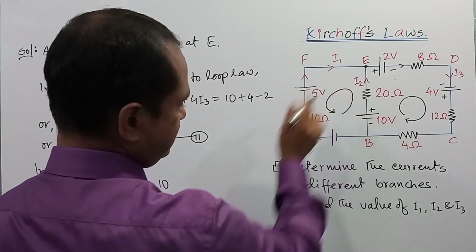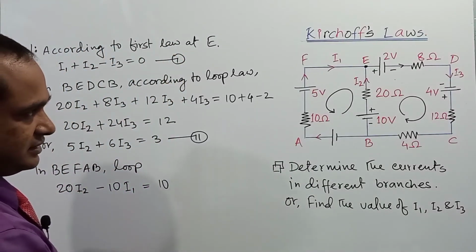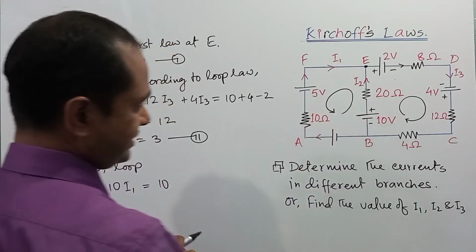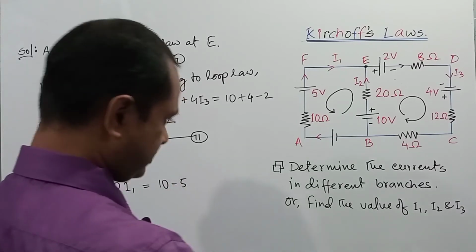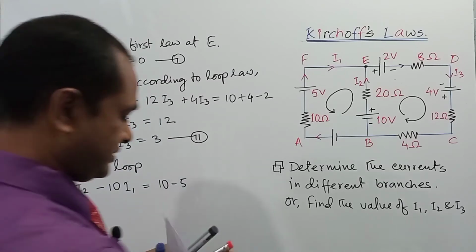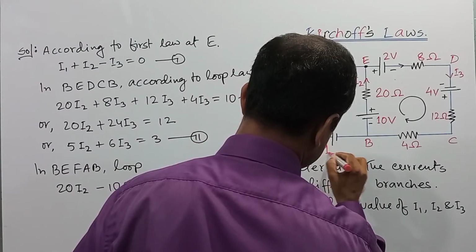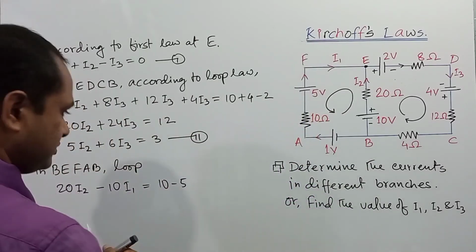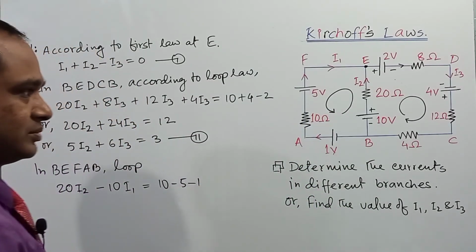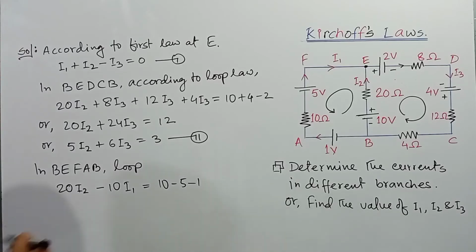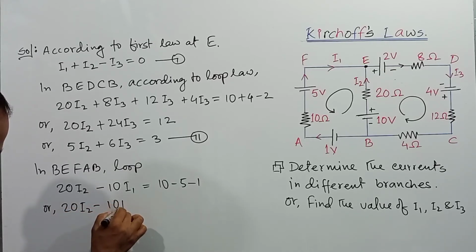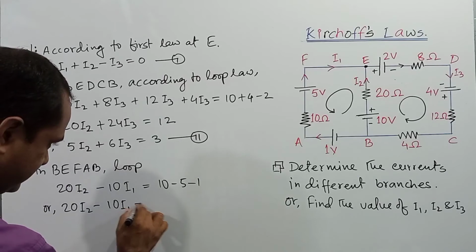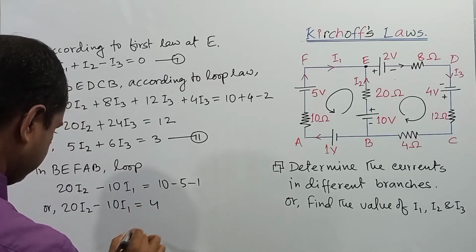But the direction in the other cell is negative according to the first one, so it will be minus 5, and the electromotive force in the cell, that is 1 volt, will be minus 1, right? So after simplification you will get 20 I2 minus 10 I1 is equal to 4.